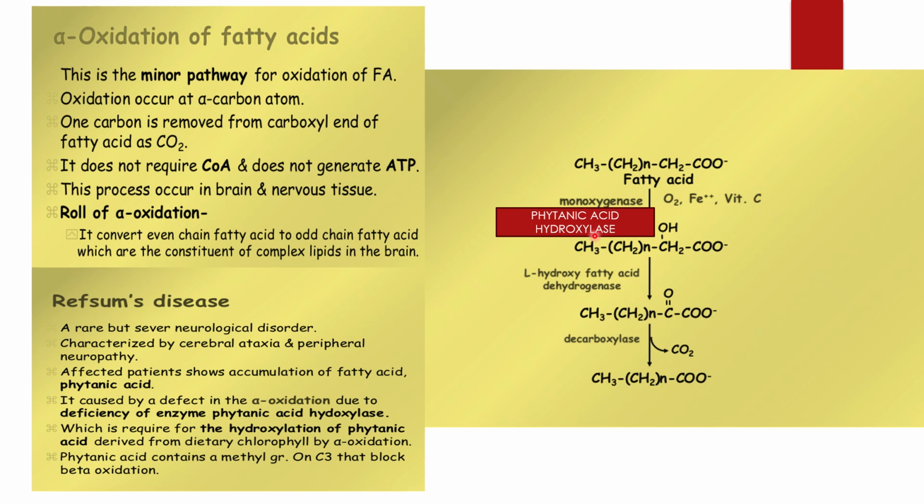This enzyme, which is required for hydroxylation of phytanic acid, is lacking. Phytanic acid is derived from dietary chlorophyll by oxidation. Phytanic acid contains a methyl group on the C3 or beta carbon that blocks beta oxidation. So this is the overall account of alpha oxidation of fatty acids and its clinical importance.